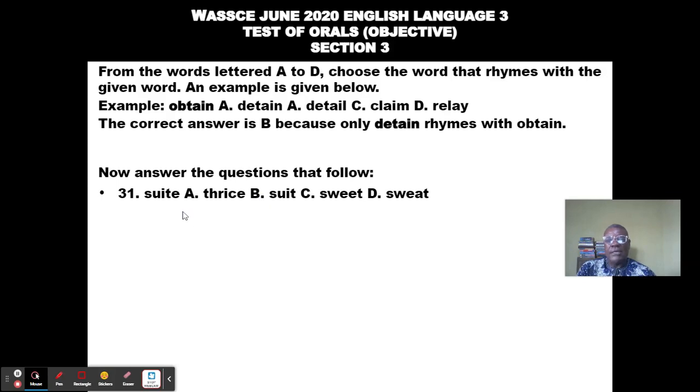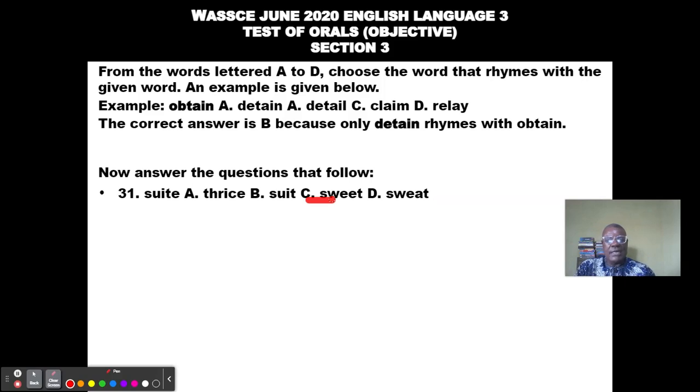Question 31. The given word is sweet. This word is pronounced sweet. All right. Then option A, thrice, no. B, suit, no. C, sweet. So don't forget that rhyme is sameness of sound.